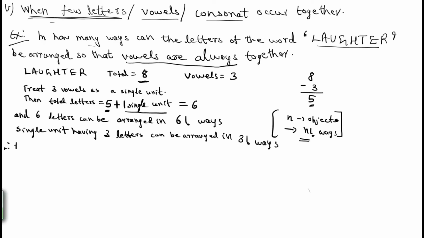So the total arrangements, that is nothing but total words, is equal to: first arranging the 6 letters, which can be done in 6 factorial ways, followed by, that is, into, the single unit, which can be arranged in 3 factorial ways. So total arrangement is equal to 6 factorial into 3 factorial ways. This is the solution for the given question.